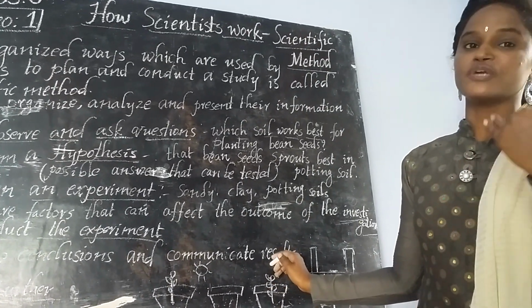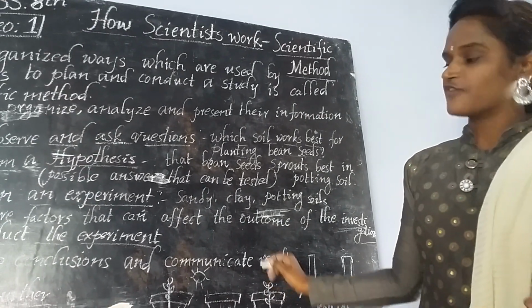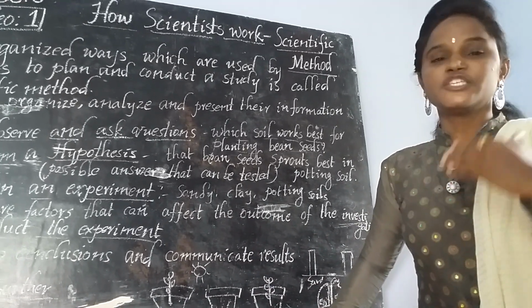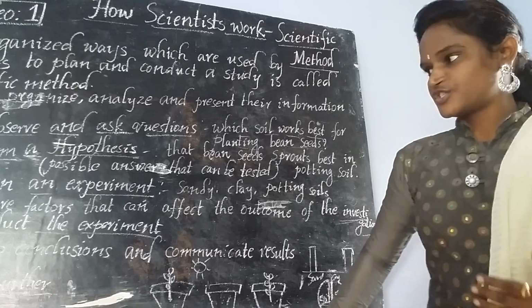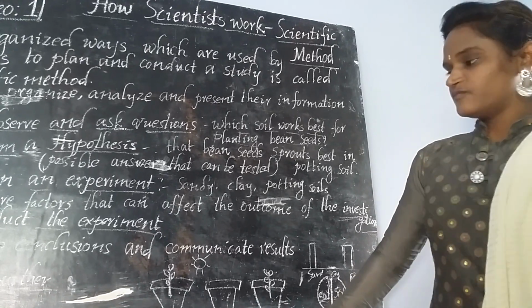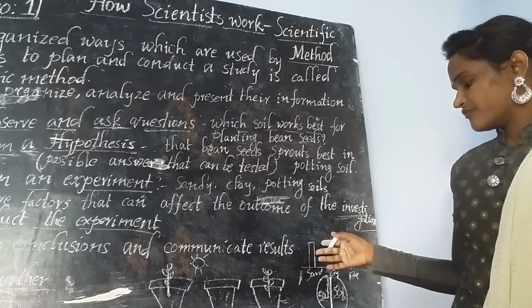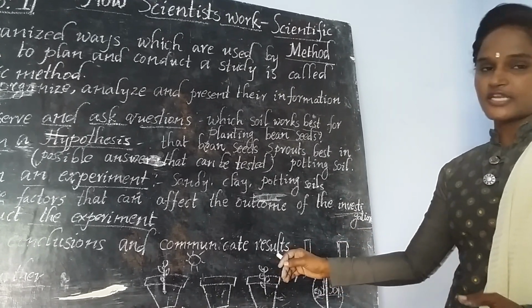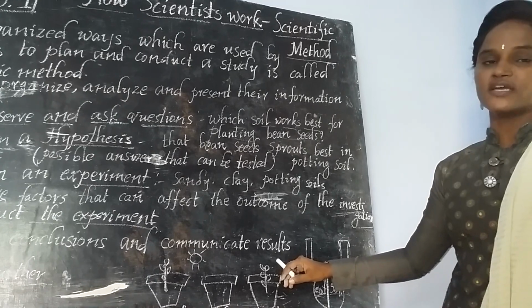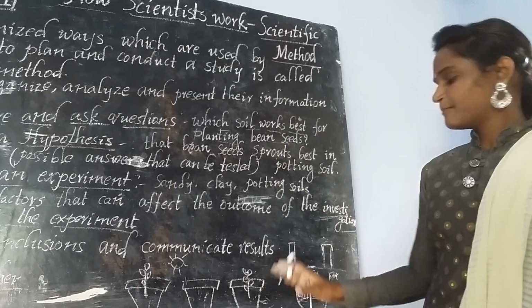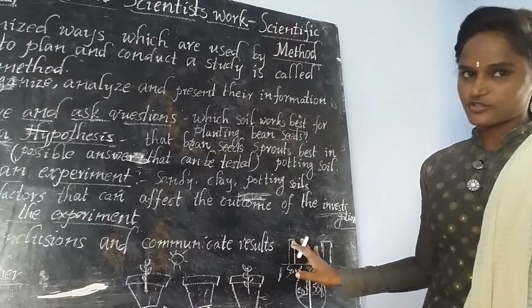Now it is time to express your result. After doing the experiment, we need to give an answer to that question by interpreting your collected data in the form of a graph, pie chart or table, whichever is convenient, and you explain your result using these math skills.